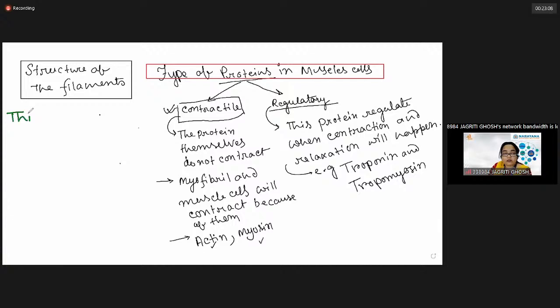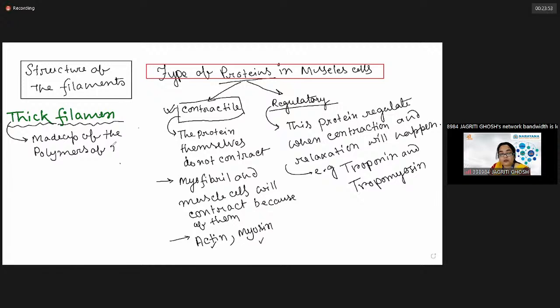So, the thick filament, or myosin, is made up of the polymers of myosin protein.